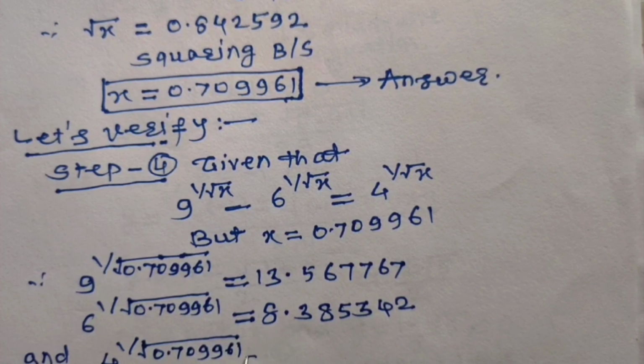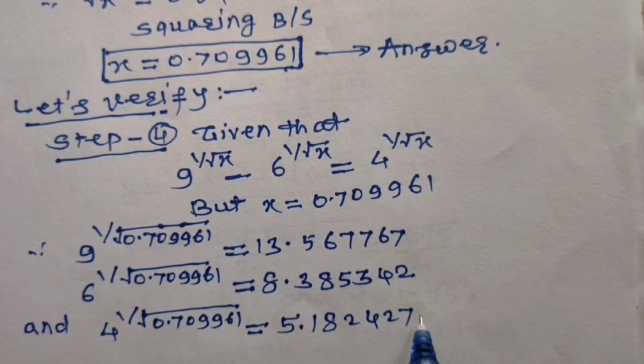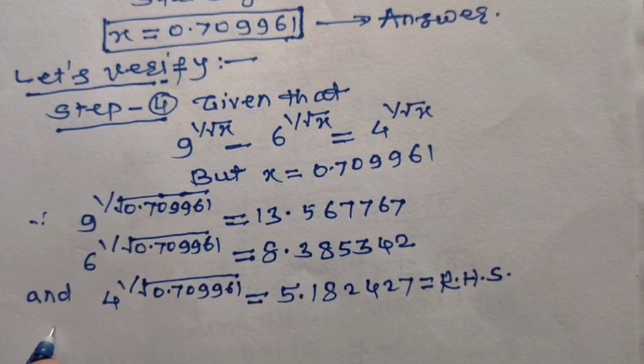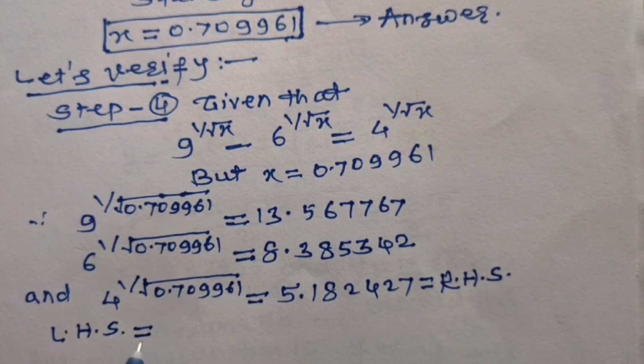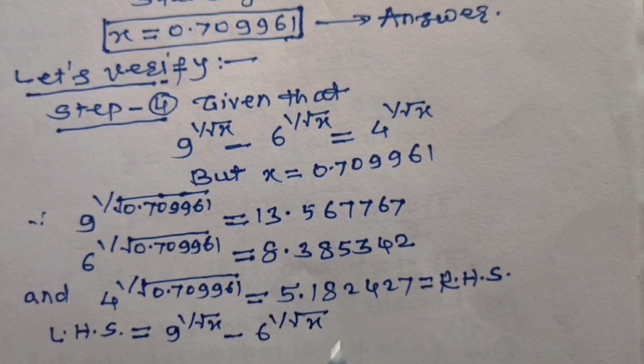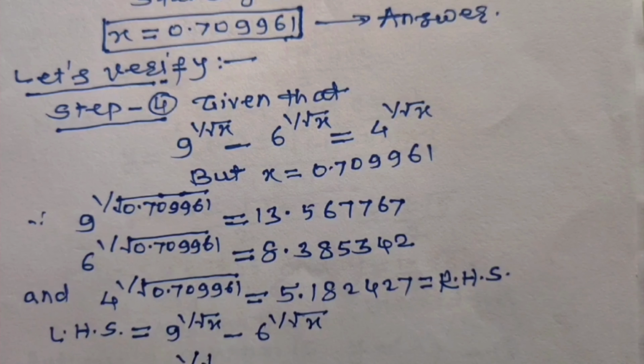And now we have to find the value of the right hand side of the equation, that is the value of 4 to the power 1 over square root of 0.709961. Using a calculator, this value is equal to 5.182427, and this is the right hand side of the given equation. Let us assume the left hand side, that is 9 to the power 1 over root x minus 6 to the power 1 over root x.